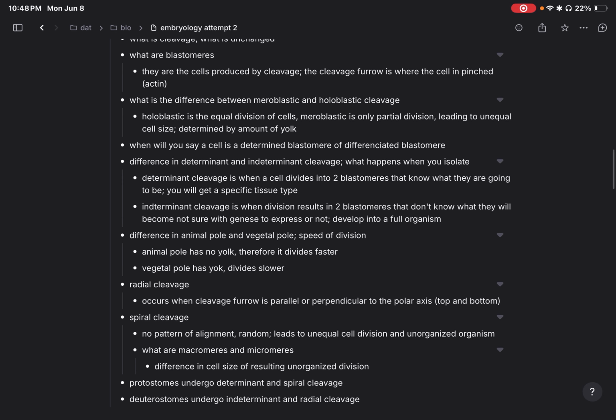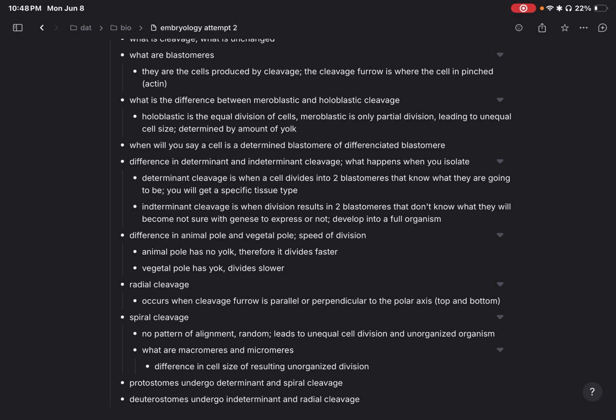So what's the difference between determinate and indeterminate cleavage, and what happens when you isolate them? In determinate cleavage, a cell divides into two blastomeres. They know what they're going to do, and they're determined, so you're going to get a specific tissue type if you isolate one.